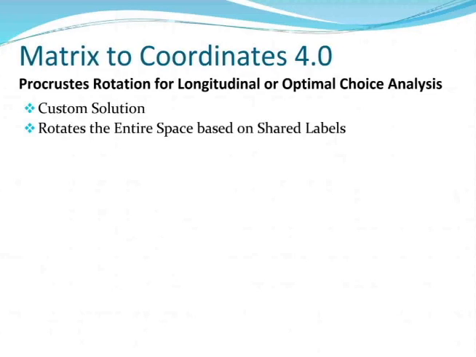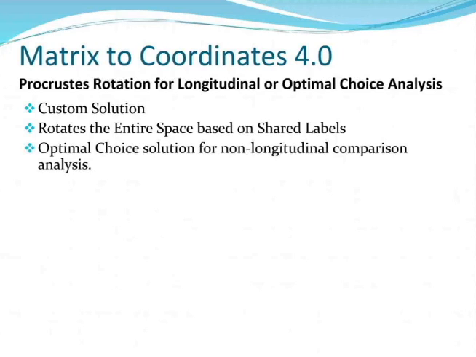I will rotate based on what is shared between both time points so that you can actually have matrices of different sizes. There's no other software out there that currently can do this. What people normally would do is reduce down to a common set of labels across all time. I don't have that requirement, and therefore you can have much more complicated data sets.